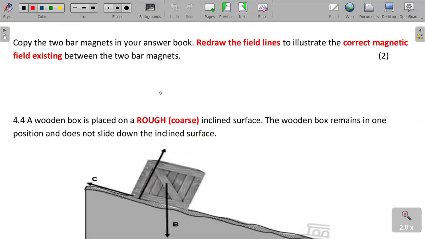So copy the two bar magnets. Redraw the field lines to illustrate the correct magnetic field existing.